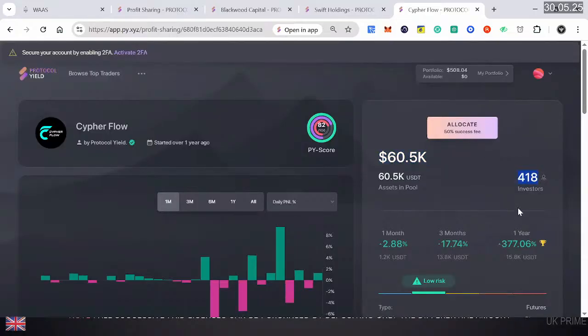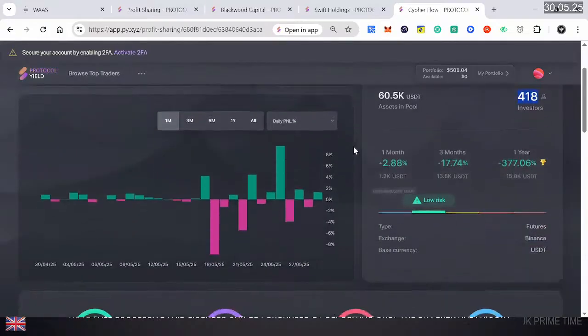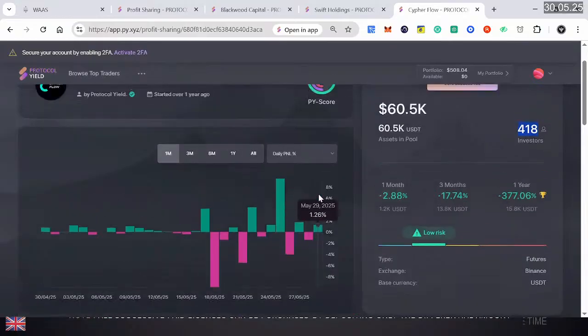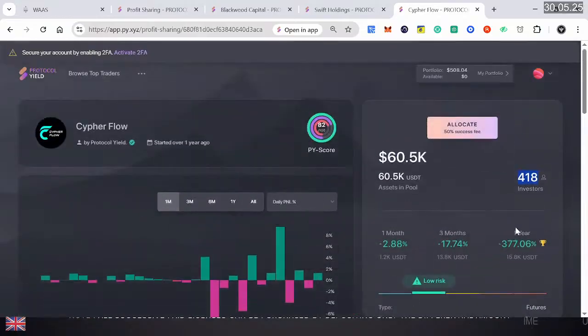All the investors will benefit equally from day-to-day trading. So let's say yesterday, on 29th of May, it made a profit of 1.26%. This 1.26% is applicable to the entire set of 418 investors.